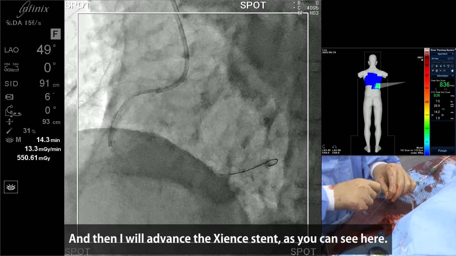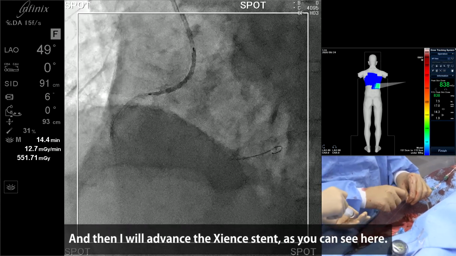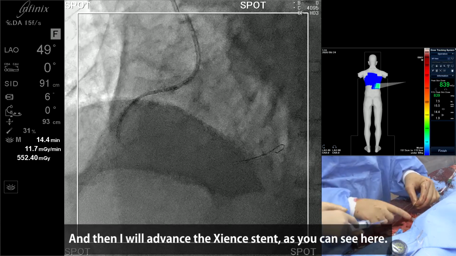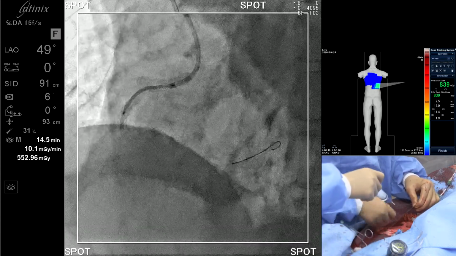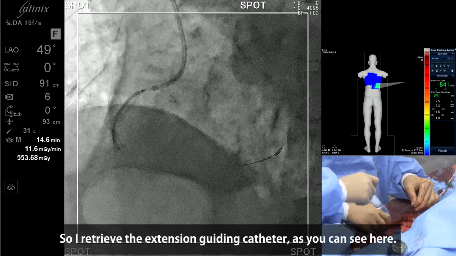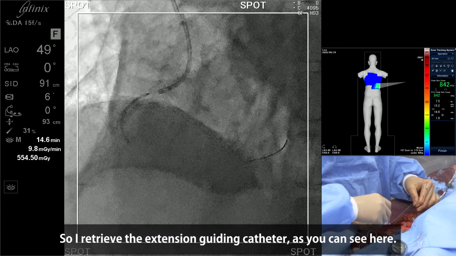And then I will advance the giant stent. Yeah, you can see here. So I retrieve the extension guiding catheter, as you can see here.